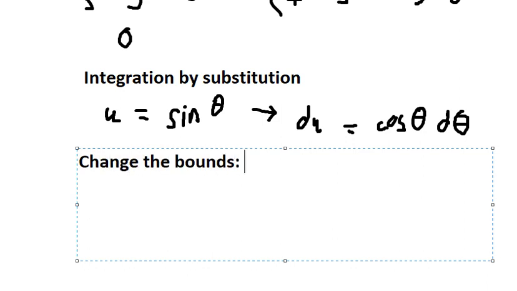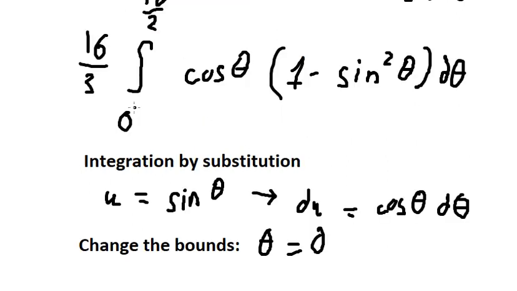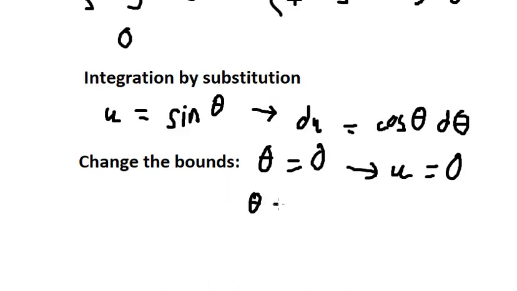So when theta equals number 0, we put number 0 on here to find the value of u. So u equals number 0. When theta equals pi over 2, I will put pi over 2 on here, so u equals number 1.